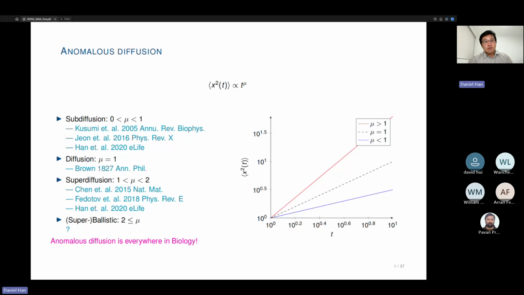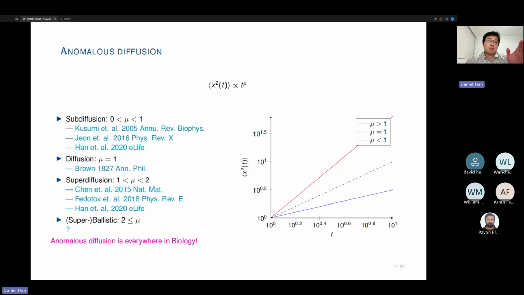Now, this was observed by Brown, hence the name Brownian motion, in the 1800s, of pollen molecules floating around on the surface of water. Now, as we got more and more sophisticated biological experiments where we are observing different objects freely diffusing or subdiffusing, superdiffusing inside crowded media, inside active systems where energy is being pumped in to move objects, what scientists started to observe is that there's a whole class of different motion that is not Brownian.